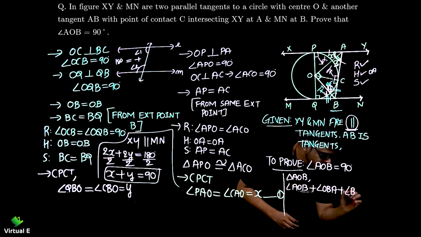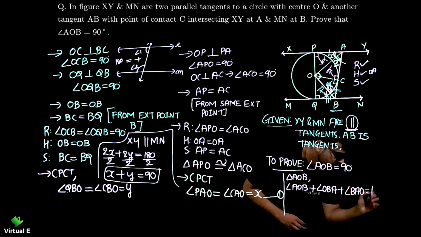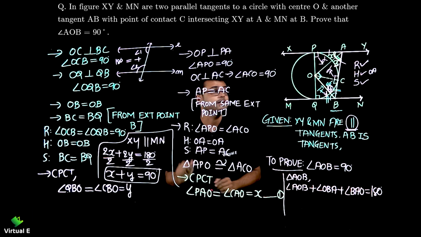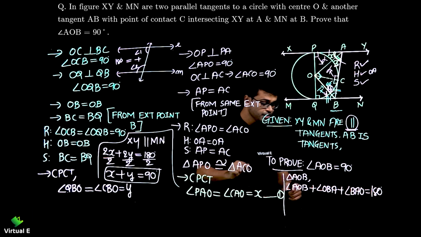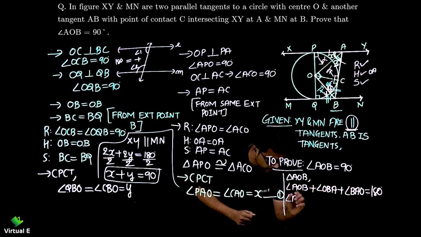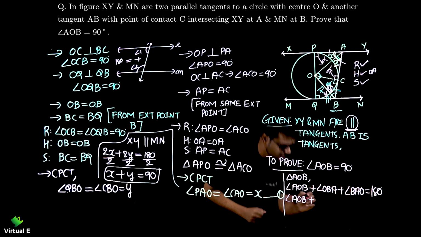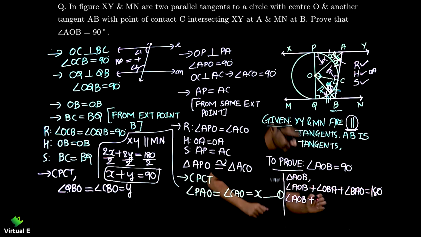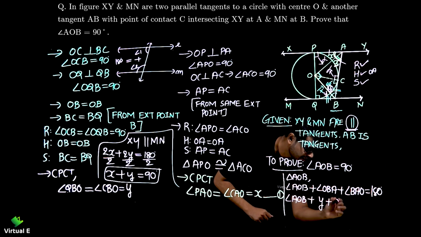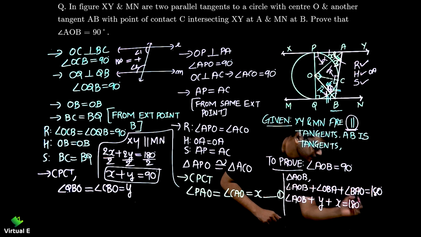So angle BAO is equal to what? 180 degree, because we are talking about triangle, not quadrilateral. 360 will not come, right? So AOB, that's the missing one, that's what we want to find, our hero, right? Plus OBA, that is Y, and BAO, that is X, is equal to 180 degree.